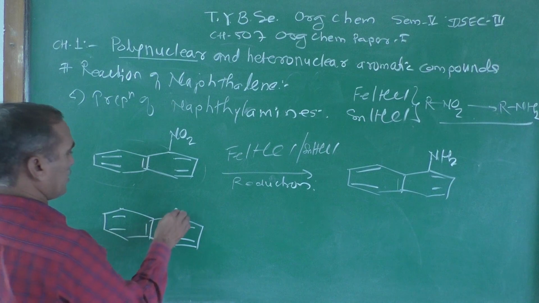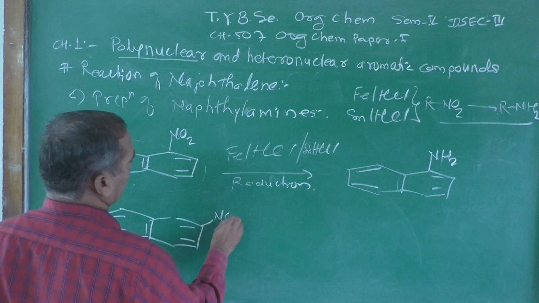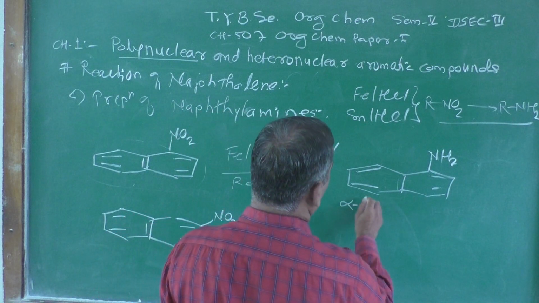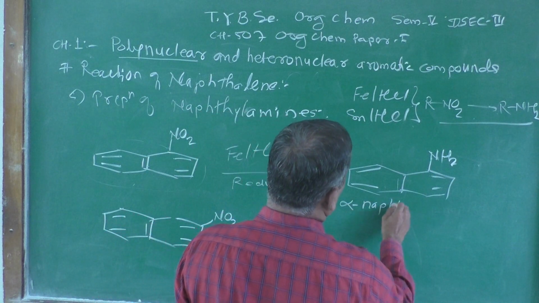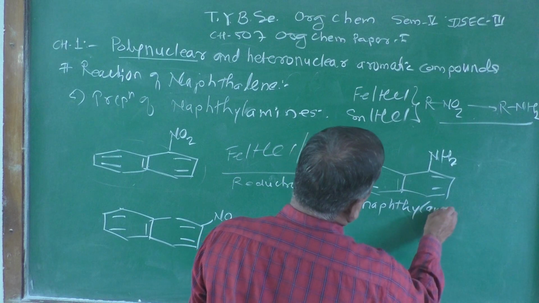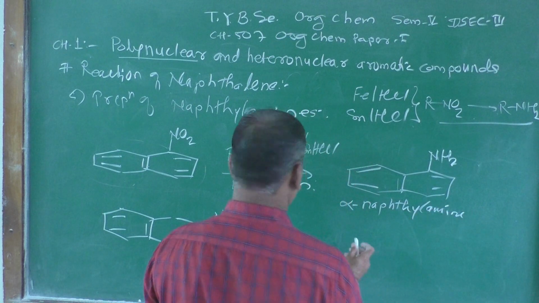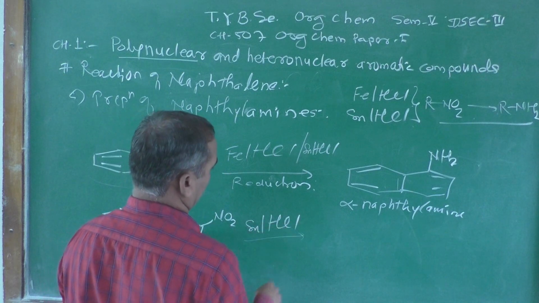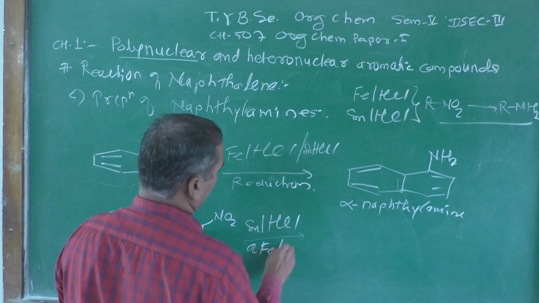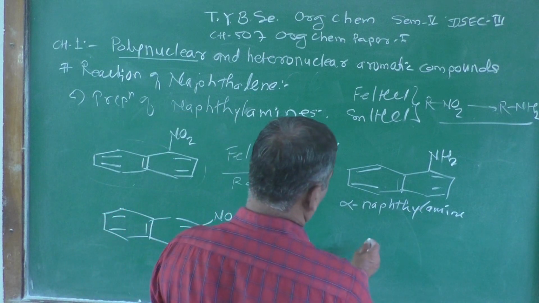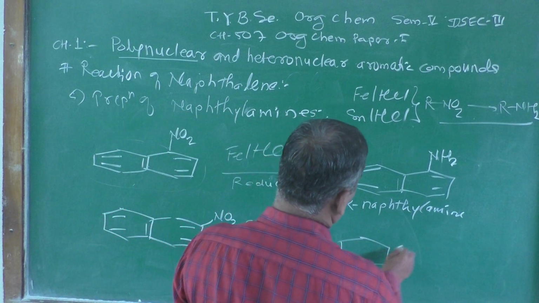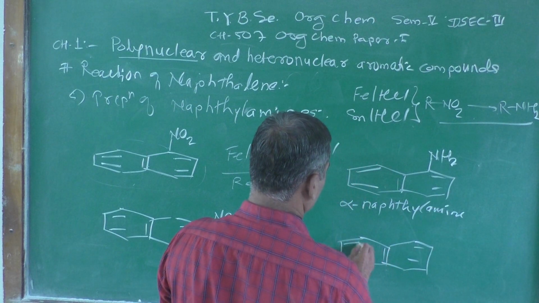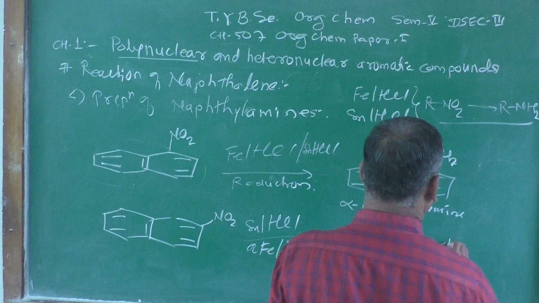Suppose we have a starting compound with NO2 at the other position, then we get the naphthylamine, and when it is treated with the same reagent, Sn in presence of HCl or Fe in presence of HCl, what do you get? You are going to get this product.